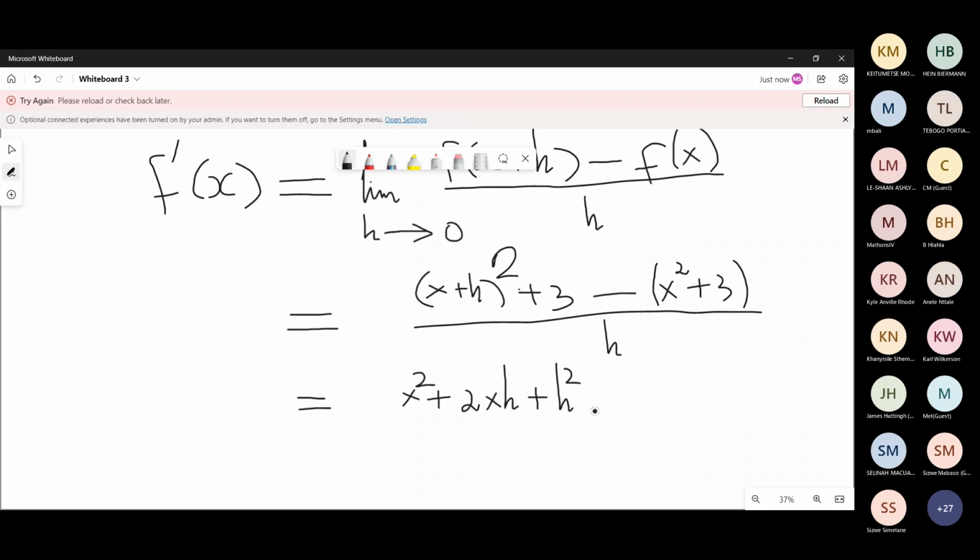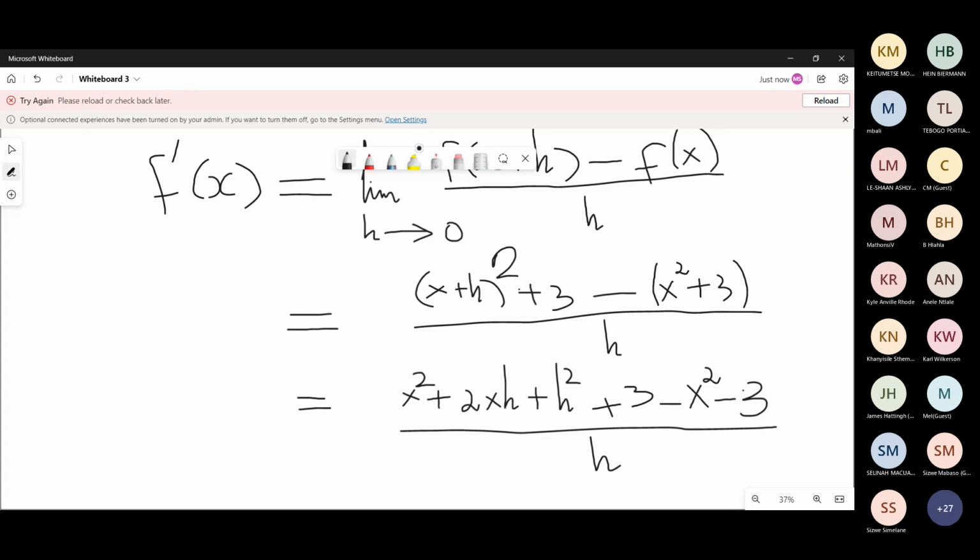Clear. Plus 3 minus x squared, minus 3. And we divide everything by h.